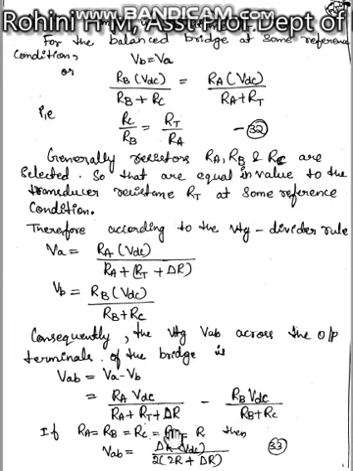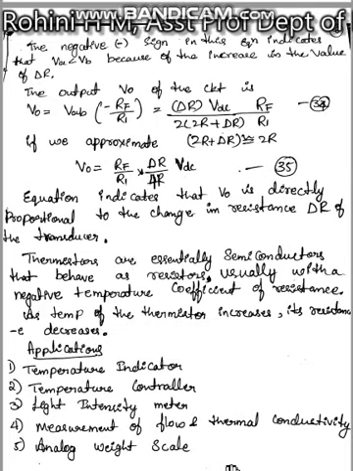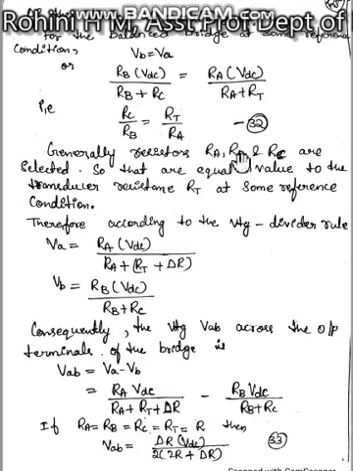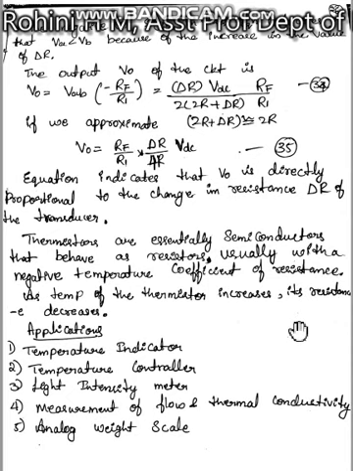If all resistance values RA, RB, RC and RT are the same, then we will end up with VAB equal to minus delta R into VDC divided by 2 times (2R plus delta R). The negative sign in the equation indicates that VA is less than VB because of the increase in the value of delta R.